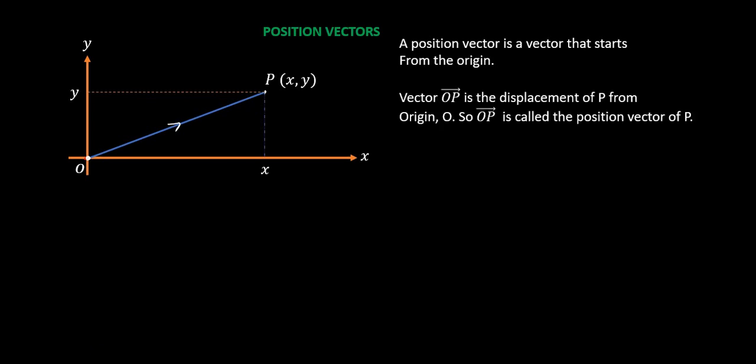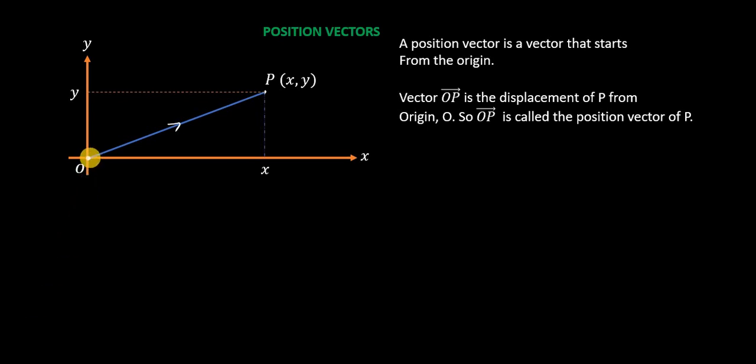Okay, and so vector OP, that is this line going from the origin to point P, is the displacement of P from the origin. So vector OP, that is position vector OP, is called the position vector of P. Clearly indicating it's a position vector because we start from the origin.